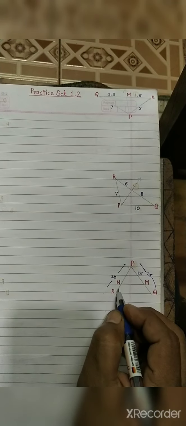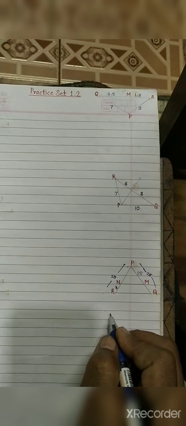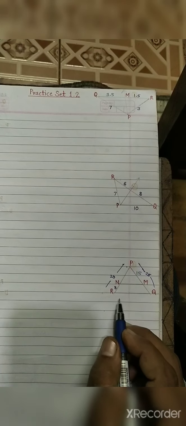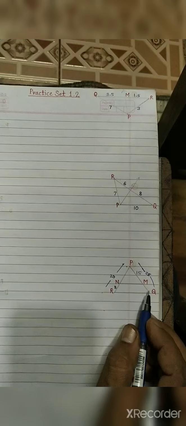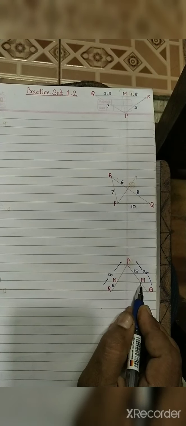And NR is equal to 8. Okay, state whether line NM is parallel to side RQ. Give reason.